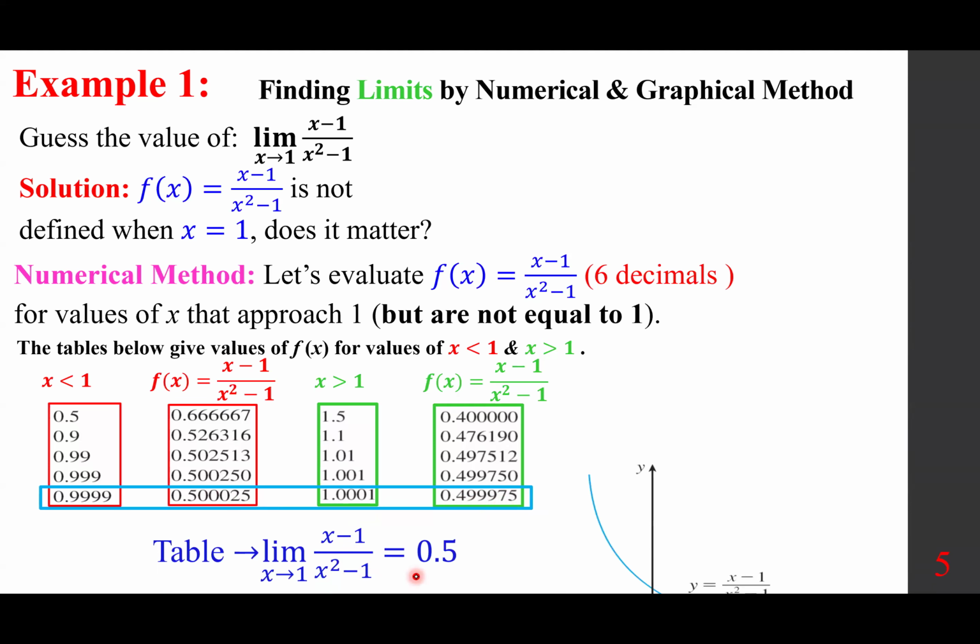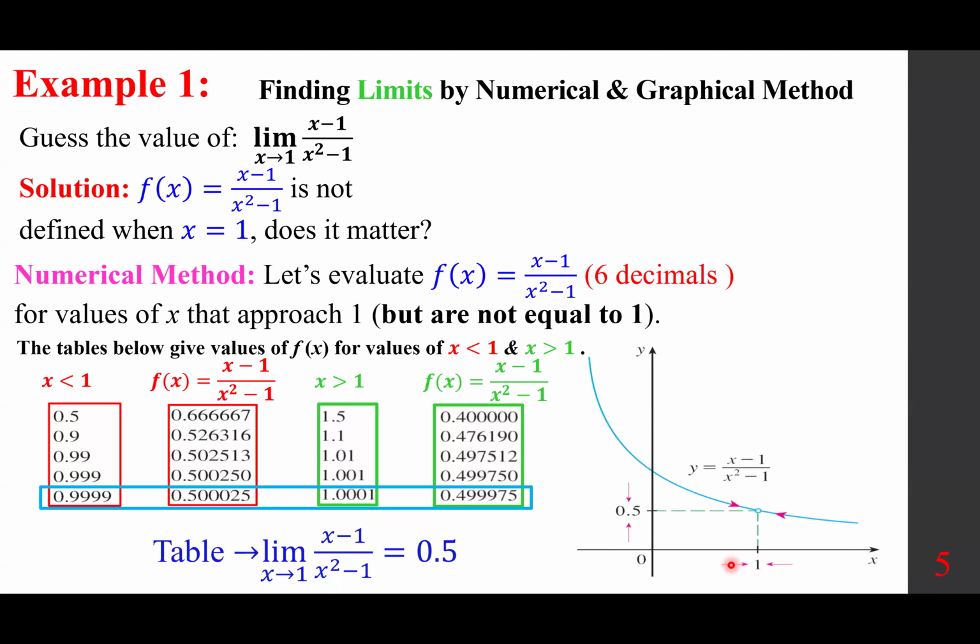We can graph the function graphically as x approaches 1 from the left and right. From the left, we are in this branch. From the right, we are moving in this branch towards the same hole, having the y coordinate 0.5.